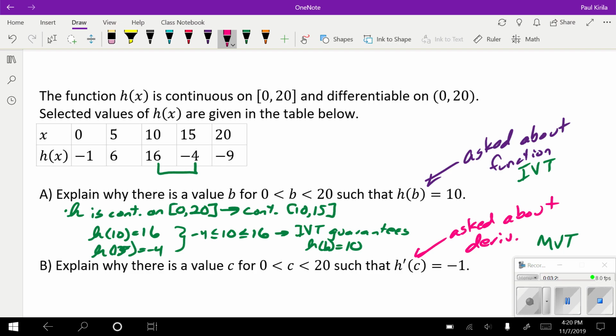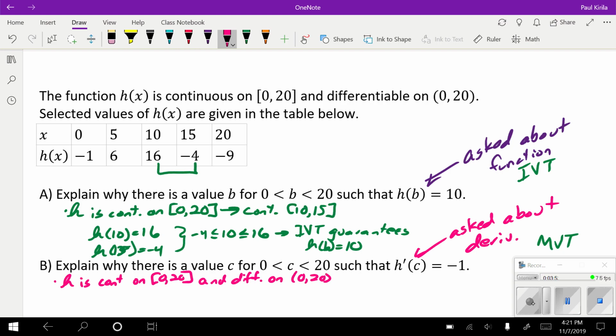The difference with an MVT style problem is, even though my table is about h, they're asking me about h prime. So h is continuous on the closed interval 0 to 20, differentiable on the open interval of 0 to 20.